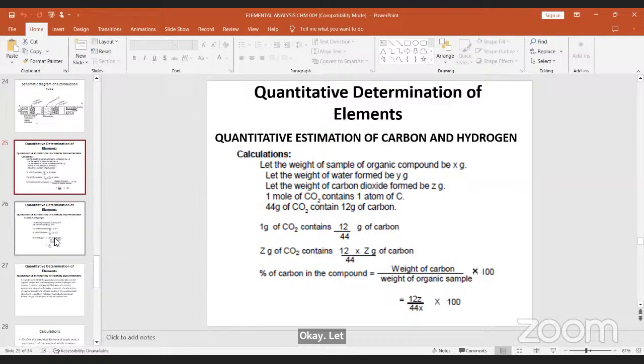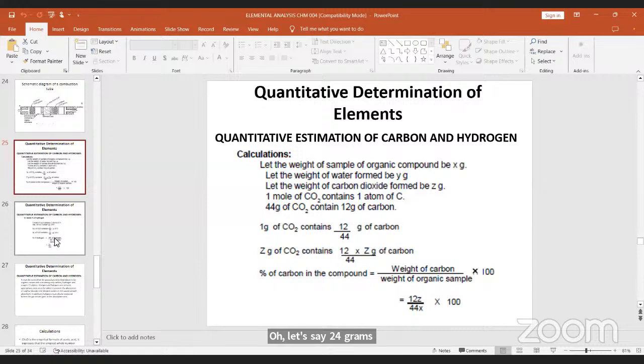Let's quickly discuss determination of percentage composition, for example. Let's say we have an organic compound, and let's say I give you that the mass of the organic compound is 24 grams.